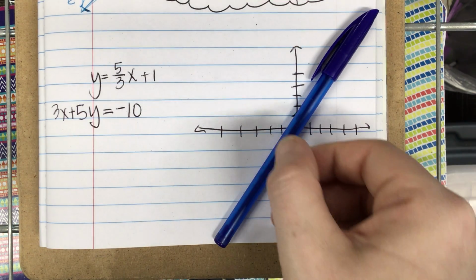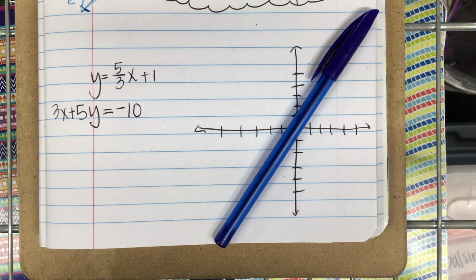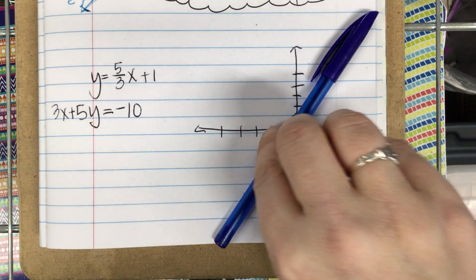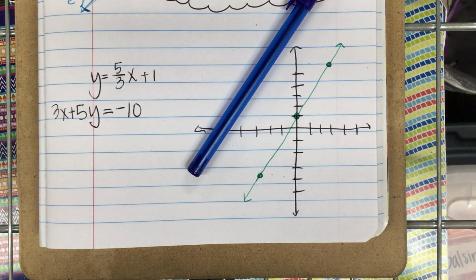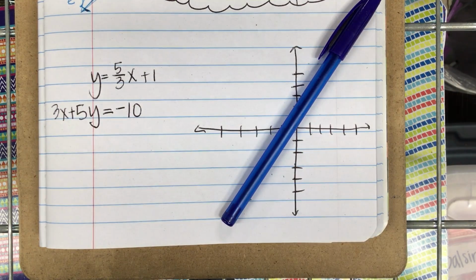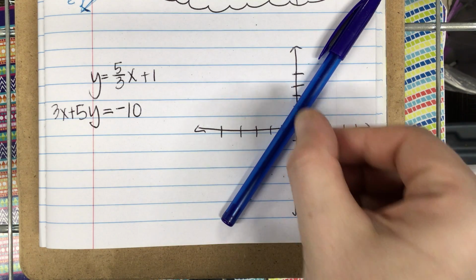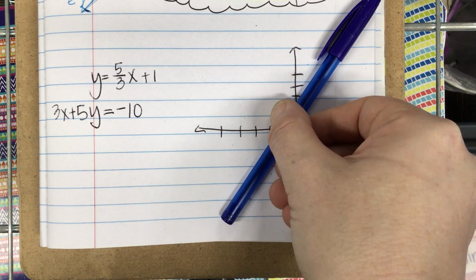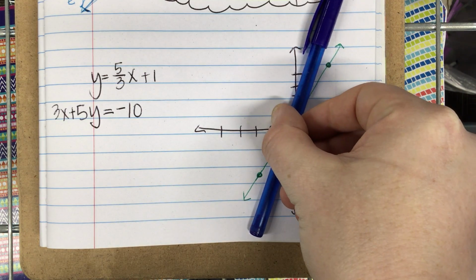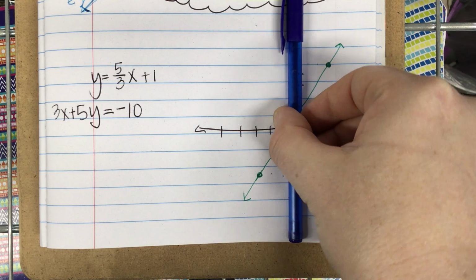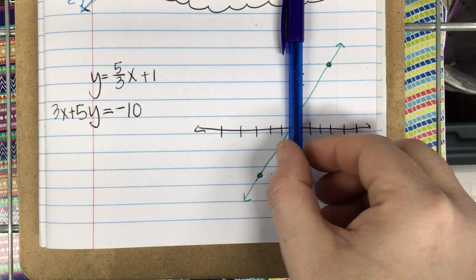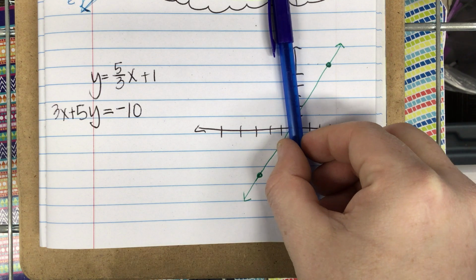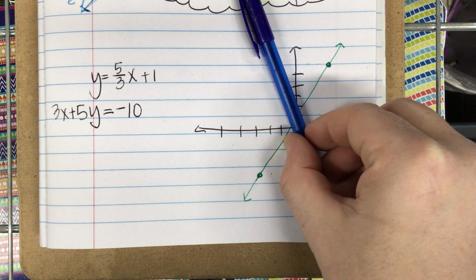Tell me what to do with this pen to make it perpendicular. I'm going to move it up like this. That's perpendicular? No. What do I do, Jacob? Okay, I'm going to rotate. What does rotate mean? Turn. Turn it. Okay, so I'm going to go like this. Is that perpendicular? No. So tell me when to stop. Go.